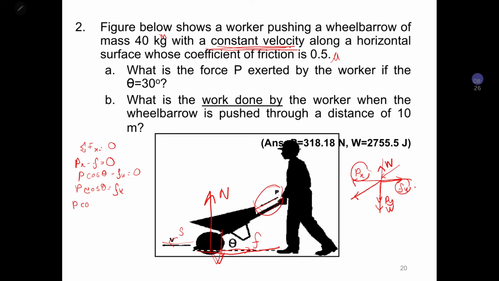P cos theta sama dengan FK adalah sama dengan mu K N. P kita nak cari, theta diberi 30 degree, mu K diberi, N kita tak tahu. Okay. So N tak tahu.